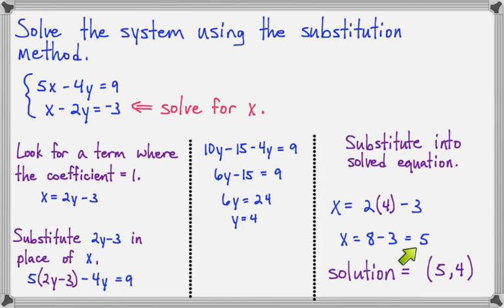So the solution is (5, 4). Now it's very tempting to put the 4 first because that's the one we found first, but really this is an ordered pair, so the 5 needs to come first, that's the x, and the 4 needs to come second because that's the y.